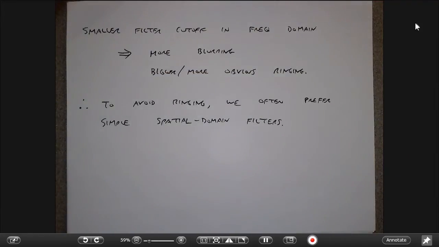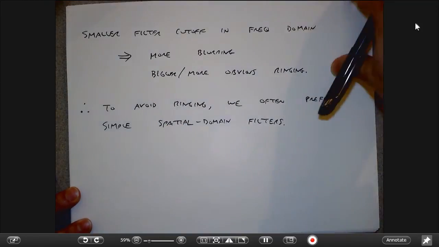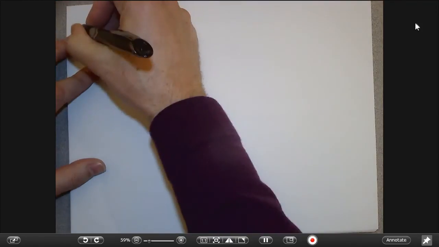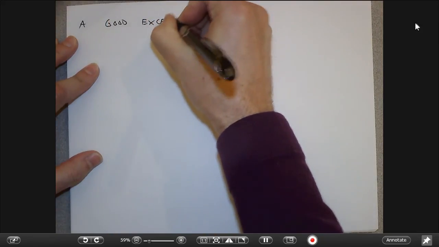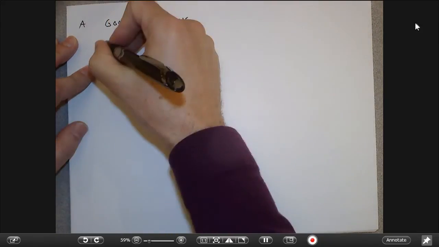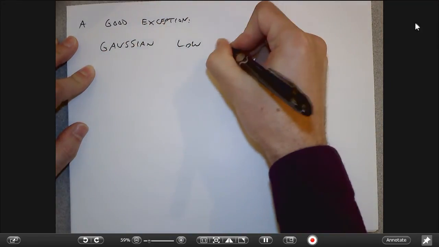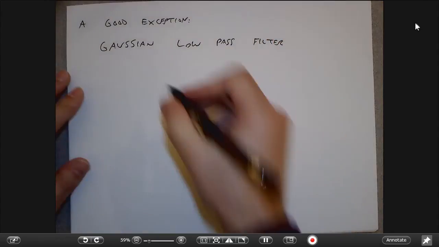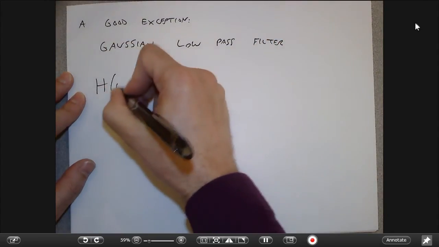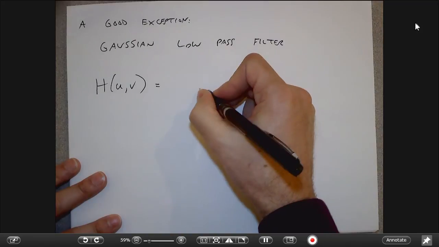Now, there's actually the best of both worlds, a good exception, which is the Gaussian low-pass filter. So we talked about Gaussians in various contexts, in probability and other places, right?